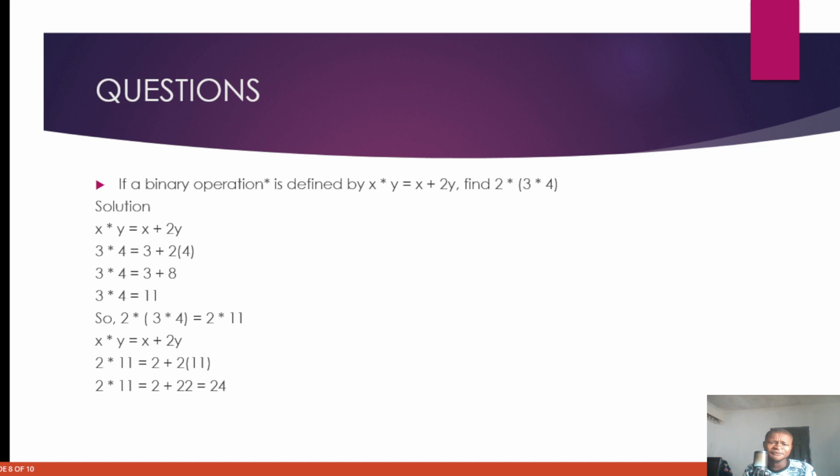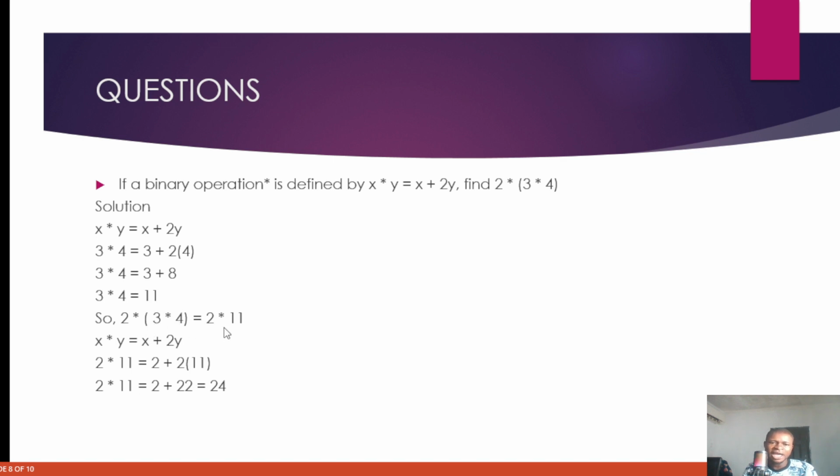Here we have 3 star 4 to be substituted inside this expression. Anywhere I see 3, I put x. Anywhere I see 4, I put y. So that is why we have 3 plus 2 into bracket 4. So 2 into bracket 4 gives me 8, and we have 3 plus 8, which gives me 11 as 3 star 4. So I'm going to substitute my 11 inside this bracket.